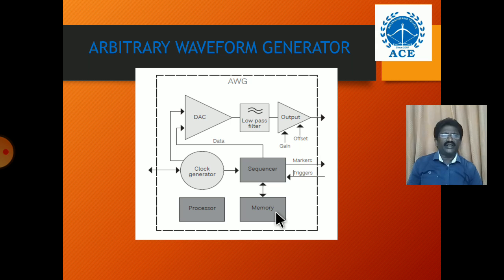So it is loaded into AWG memory through software applications such as MATLAB, LabVIEW, Visual Studio, IVI and SCPI. The memory is clocked at the highest sampling rate supported by the AWG.